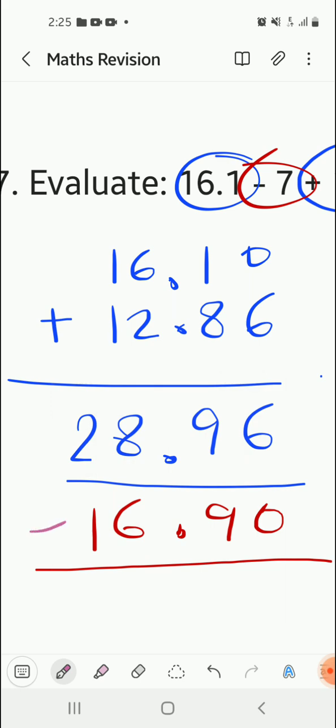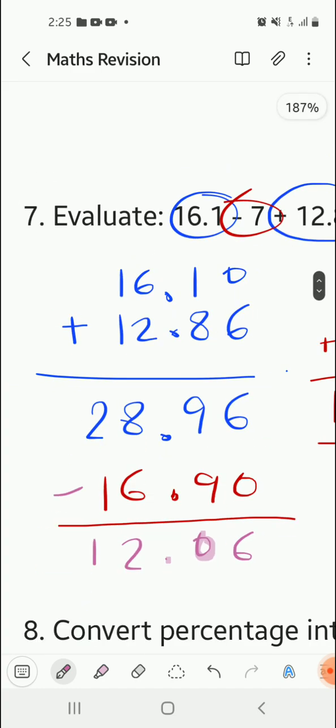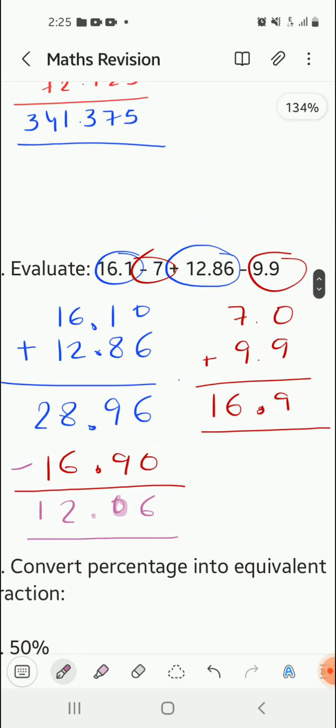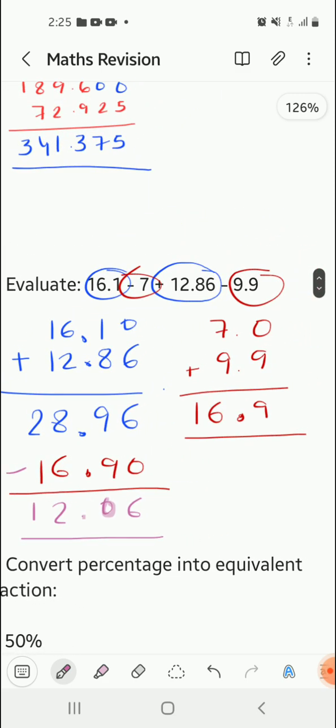Now 6 minus 0, we've got 6. 9 minus 9 is 0. Insert the decimal place. Then we are going to write 8 minus 6, we've got 2, and 2 minus 1 is 1. So we've got the answer 12.06. So you can check the whole process. I'll give you a while to check it out.